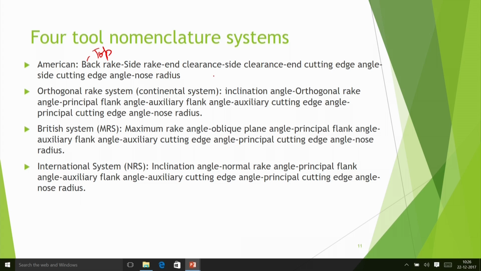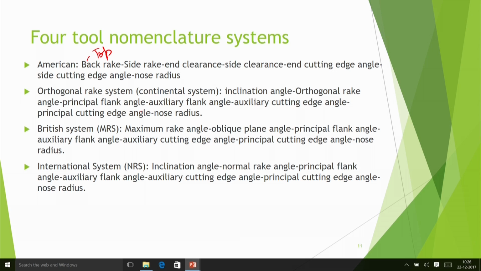We have another system, that is orthogonal rake system. I told you it is based on 3 particular planes: reference plane, cutting plane and orthogonal plane. It is also called continental system. In this, we have got inclination angle. That means it shows the inclination of the cutting edge, and then we have got orthogonal rake angle, that is in the orthogonal plane.